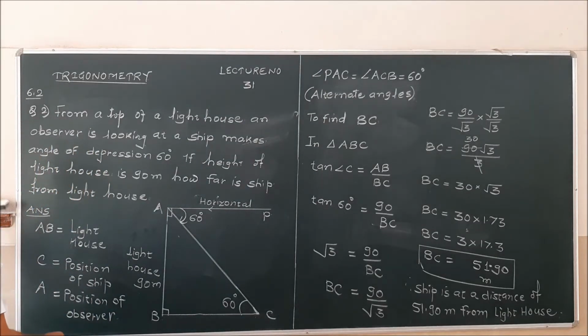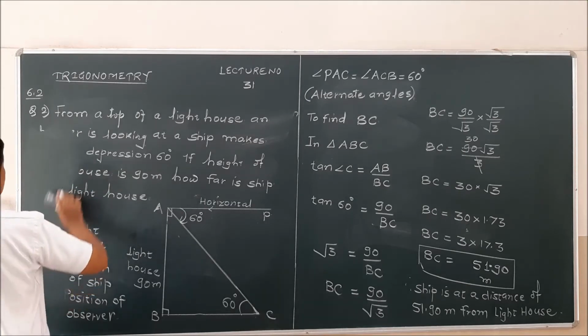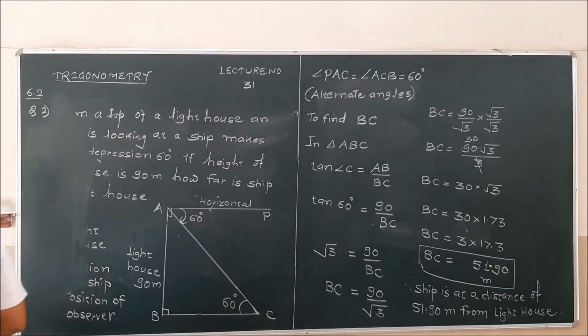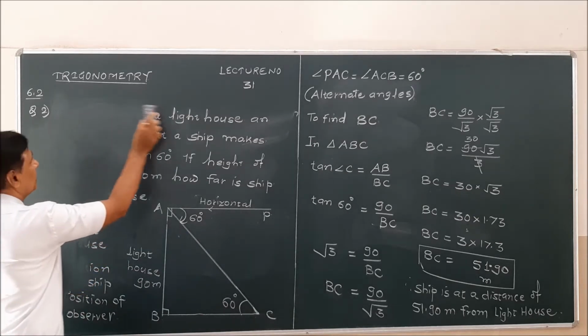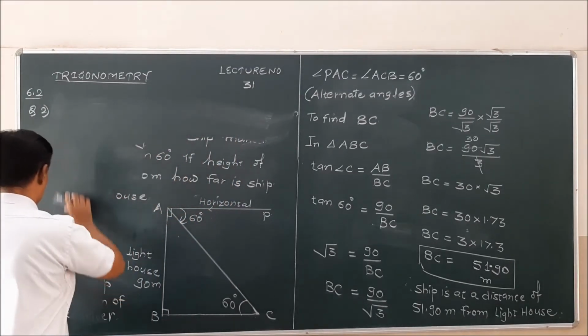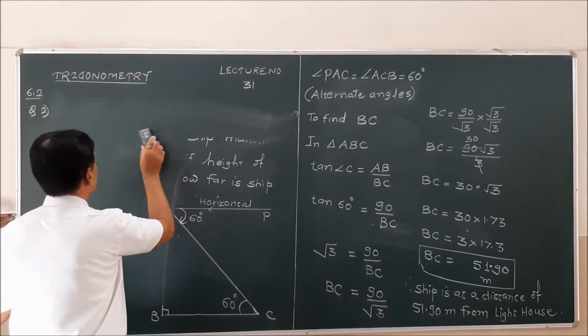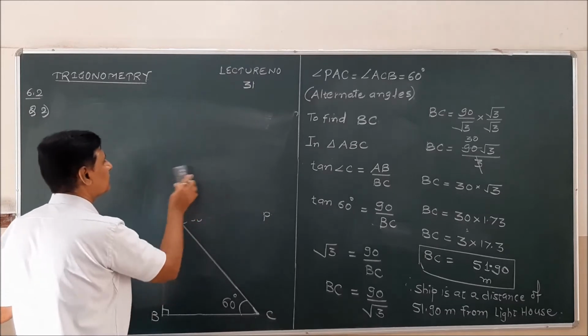Let's do question number 3. In all these sums, a very important thing is that you must write the details of the figure, that is, the position of the observer. For example, in this sum, drawing the figure carries marks.